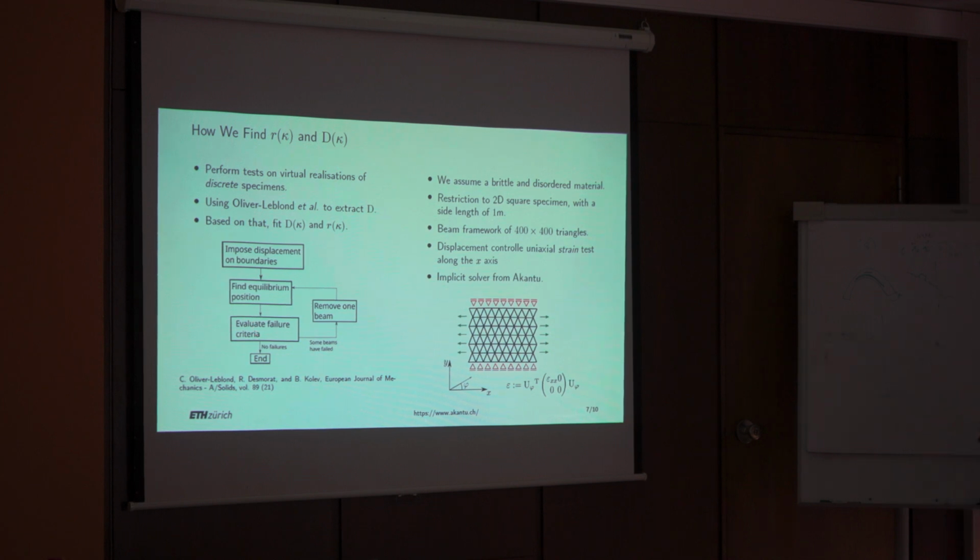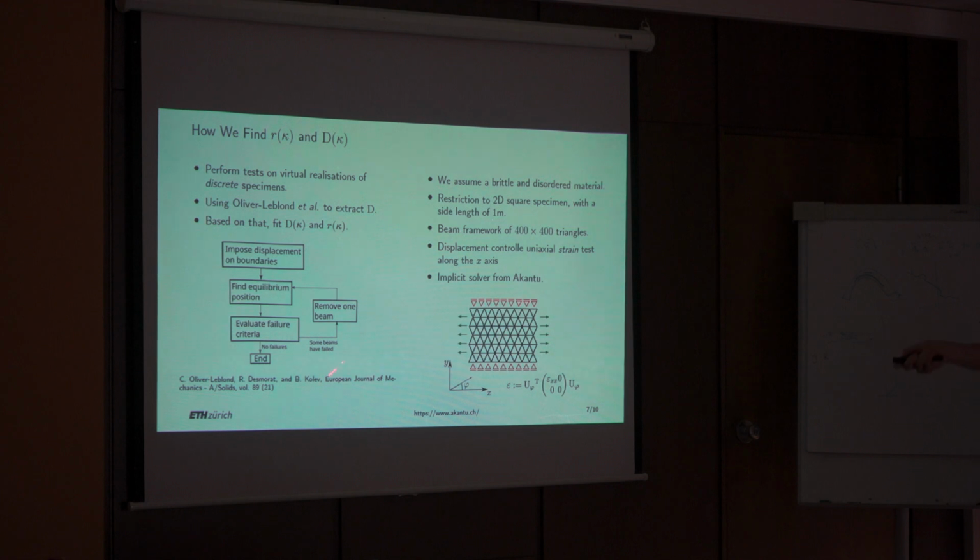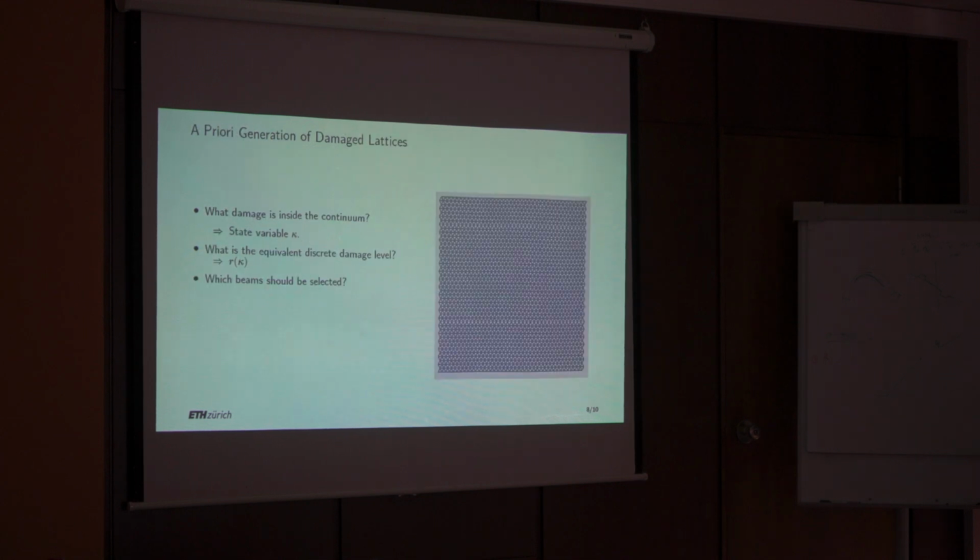When there is at least one beam that fails, I remove the beam that has the largest failure value, and I repeat these cycles until no beam fails. And this is basically what I have done.